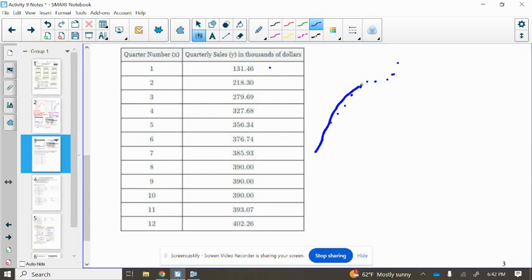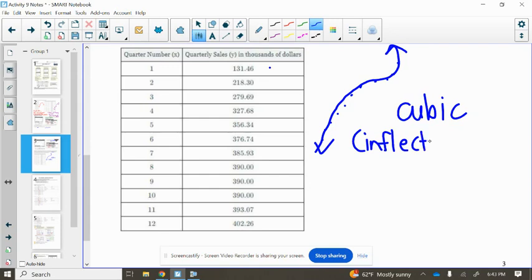So while this one doesn't have a turning point, this is going to best be a cubic, and it looks like a cubic with what we call an inflection point, because this data is kind of petering out a little bit, but it's still increasing. It's not a line, but it's got this inflection point right here where it's flattening out a little bit before it keeps growing. That's another sign of our cubic graph.